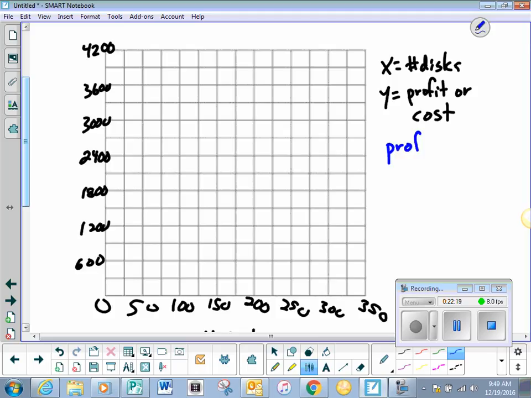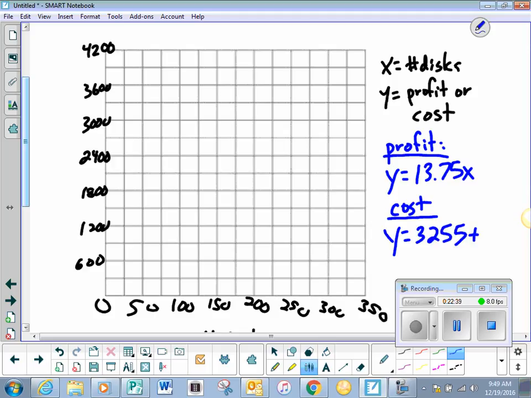How much are you making on this business? $13.75 per disc, right? Okay, how much is this business costing you to run? $3,255 a month plus $290 per package of discs.